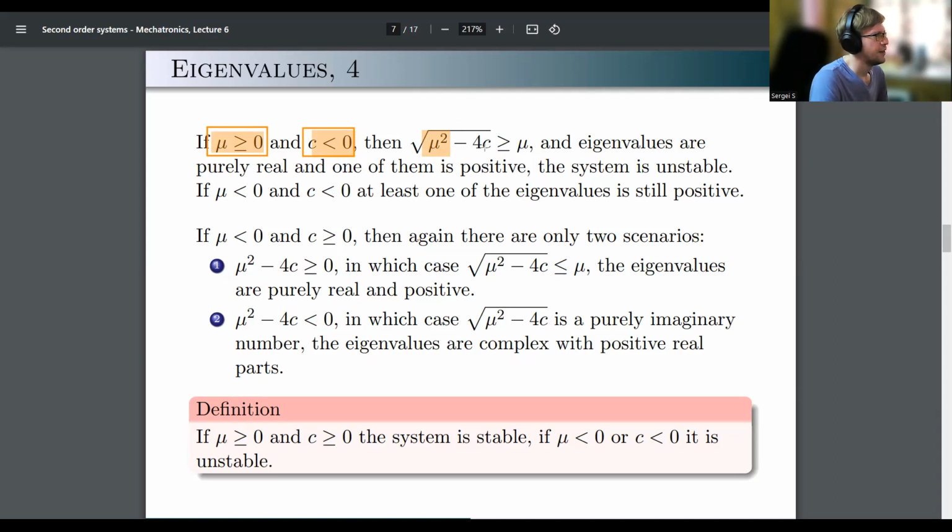This term here is also a positive number because C is negative. But there is a minus sign. So totally, this is a positive number. So it will be a positive number plus a positive number.